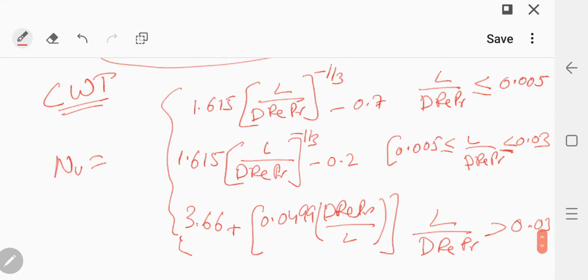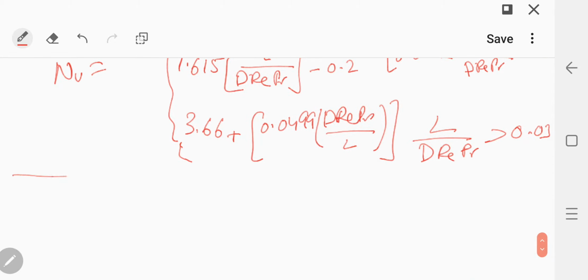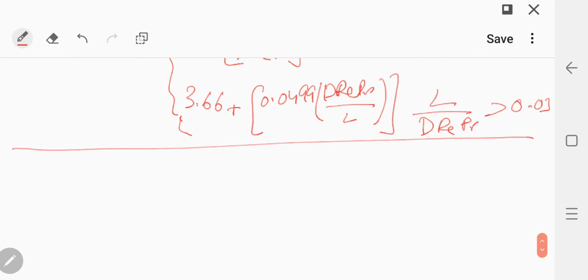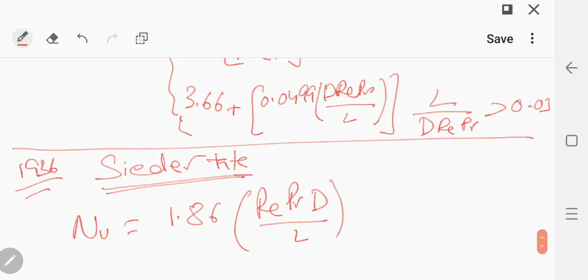Clear? This was Graetz, the very first scientist who proposed a correlation for Nusselt number. Then in 1936, Tate proposed his version of correlation, which was Nusselt number as 1.86 (Reynolds number Prandtl number D by L) to the power 1 by 3 into (mu b by mu s) raised to power 0.14.